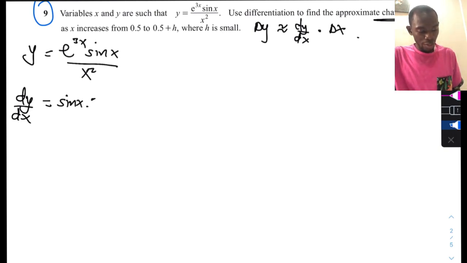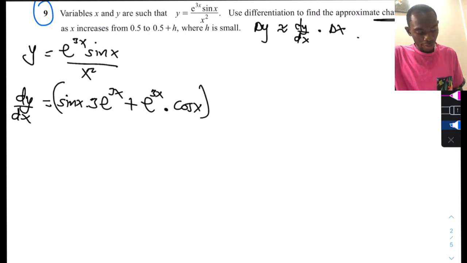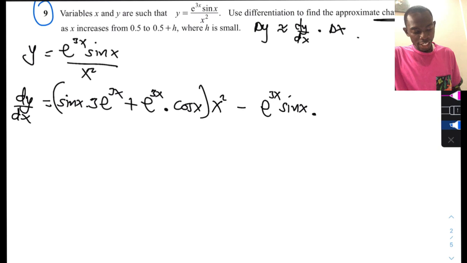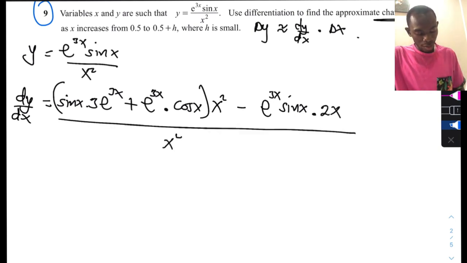That will be 3e to the power 3x, okay? Plus, now I keep this guy constant, and then I differentiate sine, giving me cos x. All of this, I will now keep the x squared there. Minus, now I keep all of this constant, and then I differentiate x squared, giving me 2x. All over this to the fourth power, because you divide by the square of the denominator.